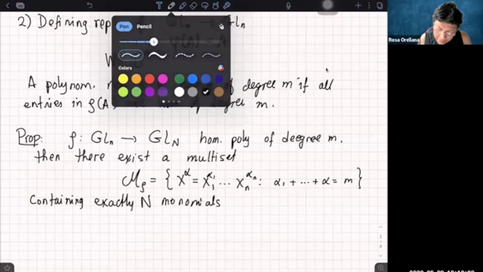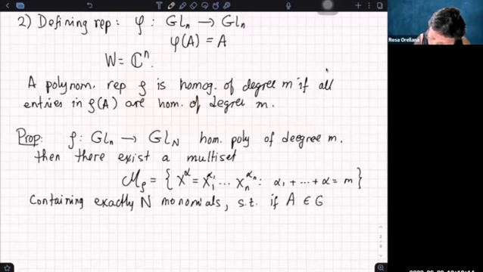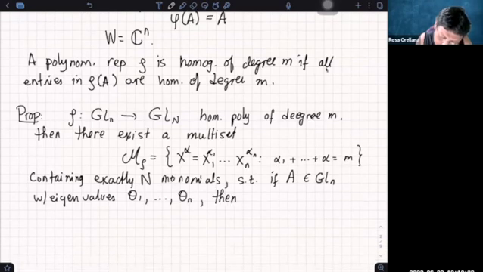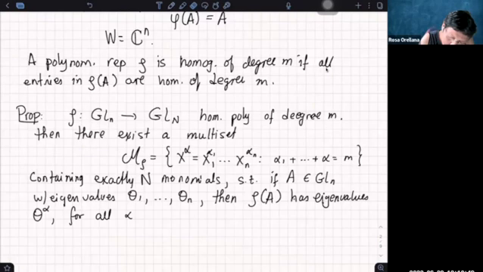So it contains exactly n monomials, and there could be repetitions. That's why it's a multiset, such that if A is in GLn with eigenvalues theta 1 up to theta n, then rho of A has eigenvalues theta to the alpha, for all alpha in the multiset.